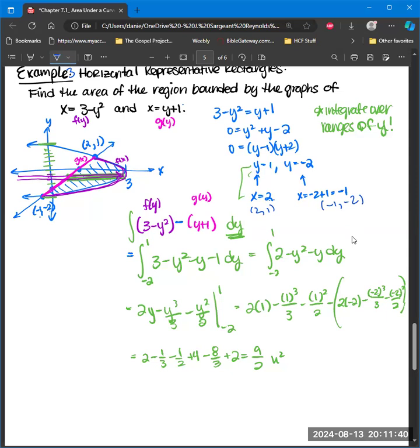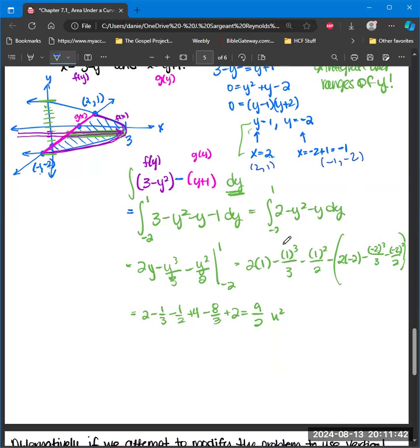I'll need those x values in a little bit when we try and do this the other way. But for right now, I just need these y values, and my rectangles are going to be stacked bottom to top and are going to go from left to right here.